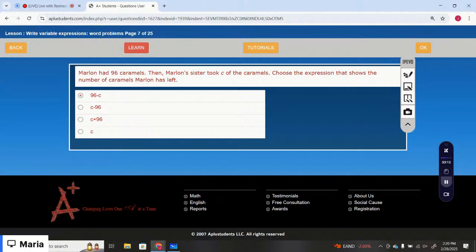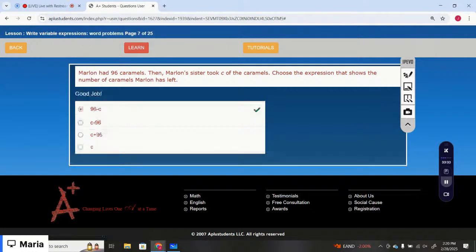So now he has 96 minus c caramels. Option number 1 is the correct option.